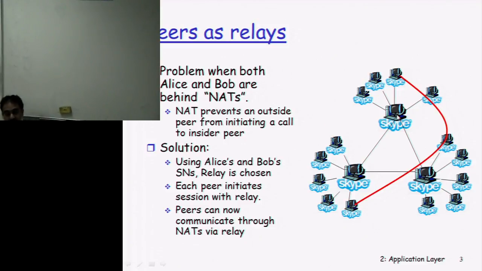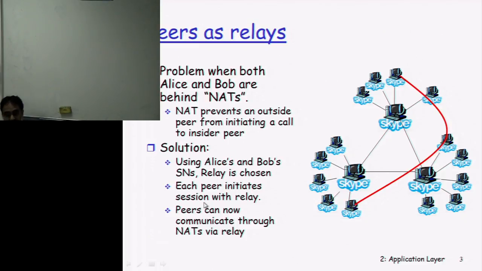For example, the supernode for Alice and the supernode for Bob will choose another supernode, another relay, and they will ask Alice and Bob to chat through that relay, to initiate a connection through that relay. So that relay will act as a relay for both Alice and Bob.